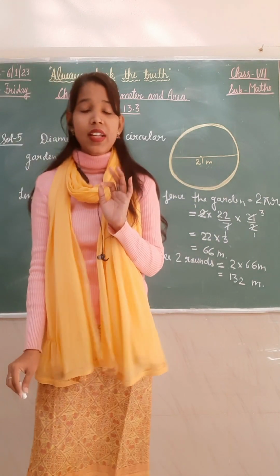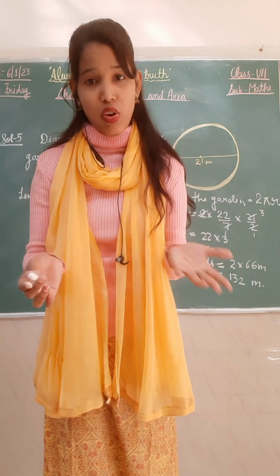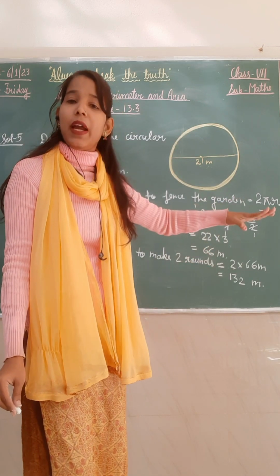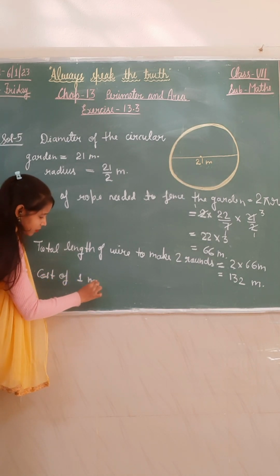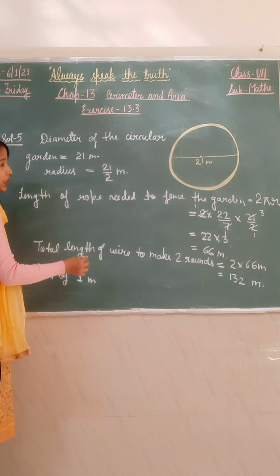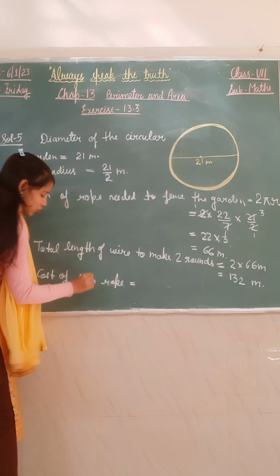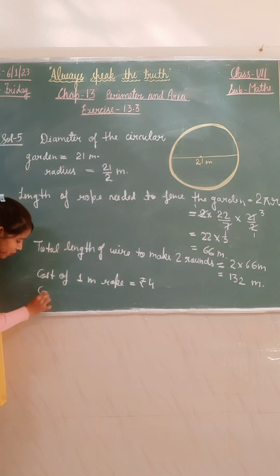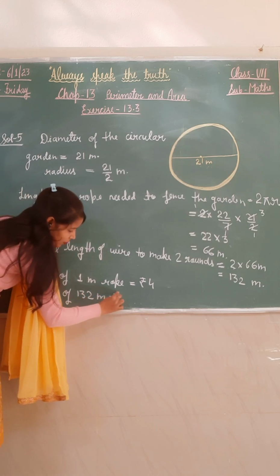Okay? But it is given that the cost of 1 meter rope is 4 rupees. Then we have to find the total cost. So 132 meter will be multiplied by 4. So write down here cost of 1 meter rope is rupees 4 and we have to find the cost of 132 meter rope.